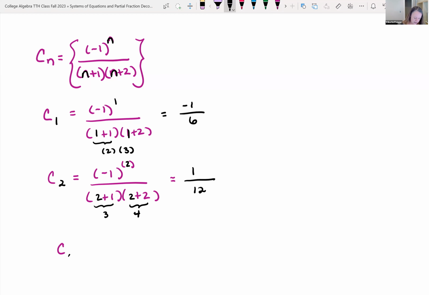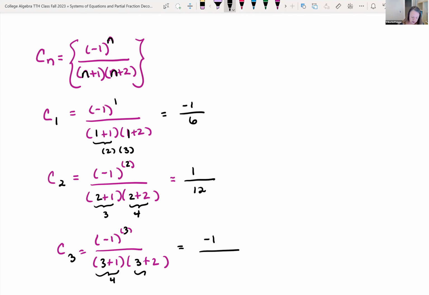So c sub 3, we have -1 cubed all over 3 plus 1 and 3 plus 2. Well, if I cube a negative, I get a negative. So this is equal to -1 in my numerator, 3 plus 1 in my denominator, that's 4, times 3 plus 2, which is 5. 4 times 5 gives me 20.